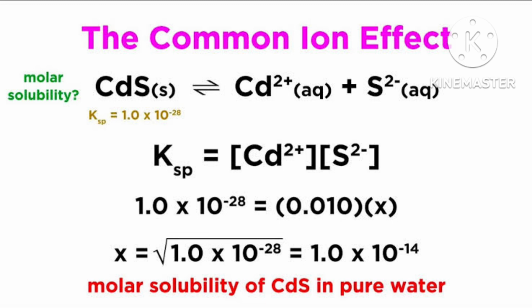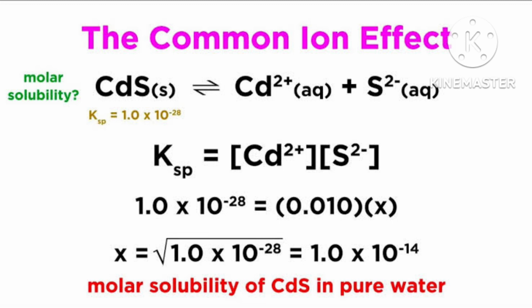Then now the Ksp value you are knowing. Ksp is equal to S into 0.1 power 2. Hence, what is the S value? S is equal to the Ksp value divided by 0.1 square. That is the S value.